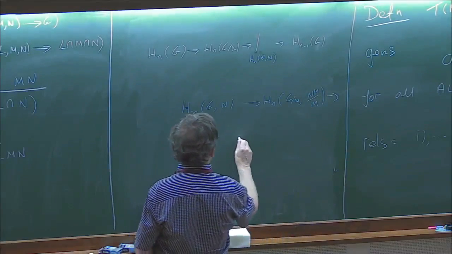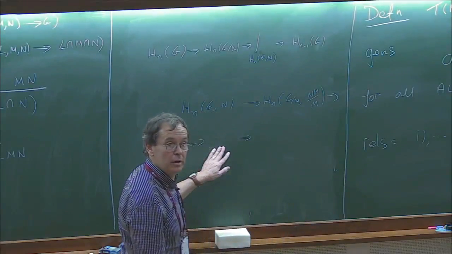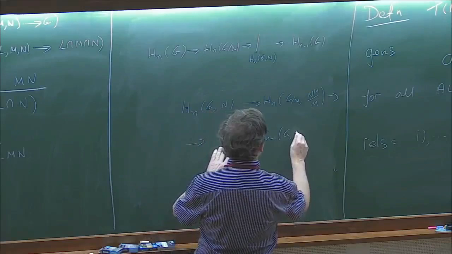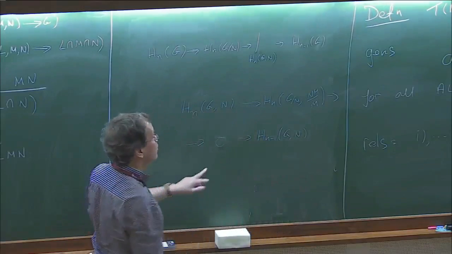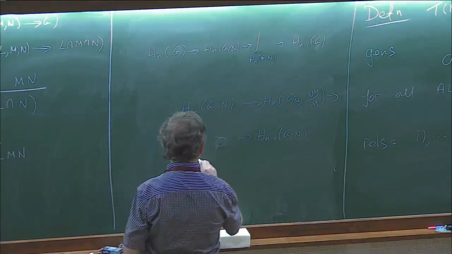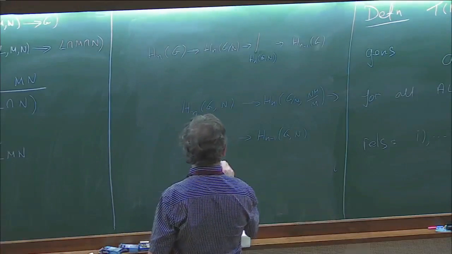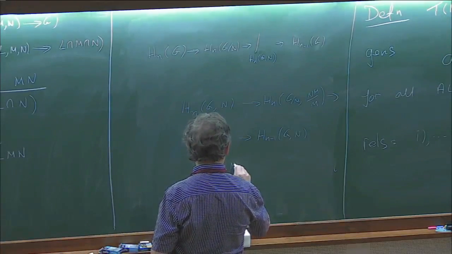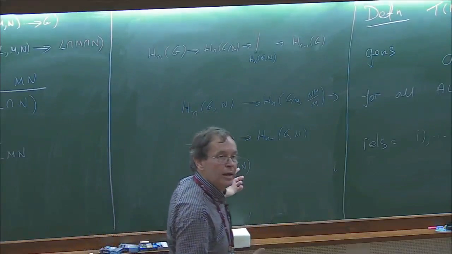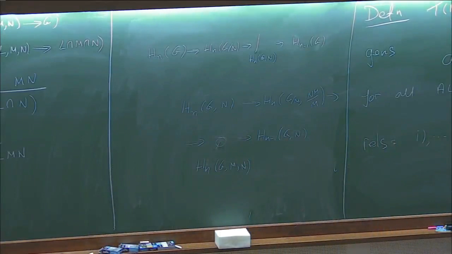And then there'd have to be something in there, and then you go down to Hn minus 1 of G relative to N. So you'd have to put something here. What would you put there? You'd put what we might call a doubly relative homology group. And how would you access that? Well, it would be an exterior product, but a threefold product.